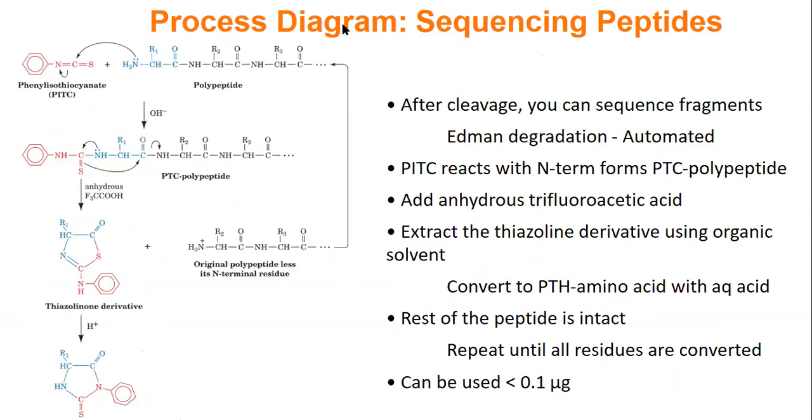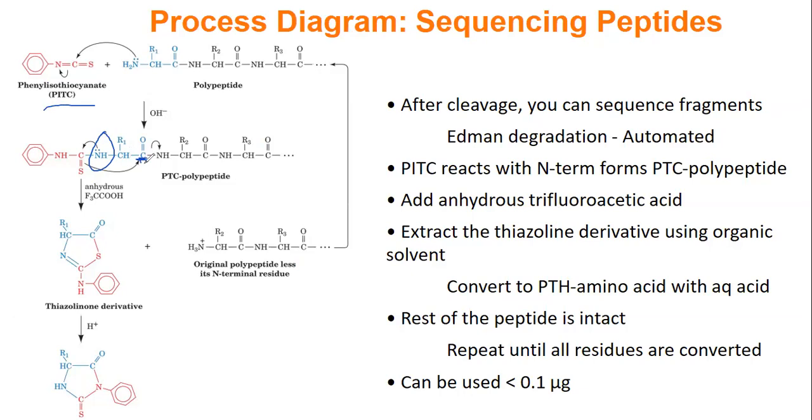The way Edman degradation works is that you have a compound called PITC. And in basic conditions, what will happen is that PITC will bind your N-terminus residue, at the N-terminus.